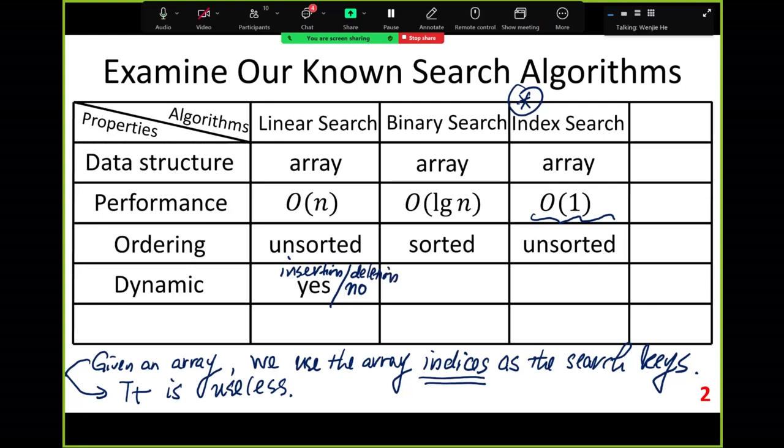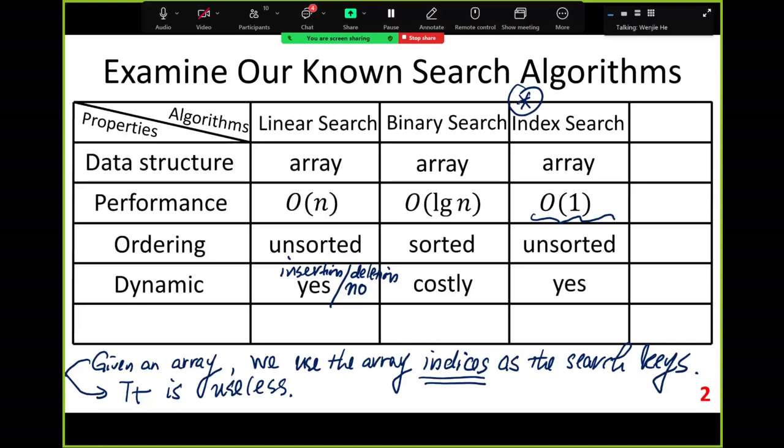Because for deletion you need to find the element. When you use linear search to find the right location, that cost, big O of n, is too high. So that's the problem. For binary search, dynamic is costly, in general, because you need to recover the order.